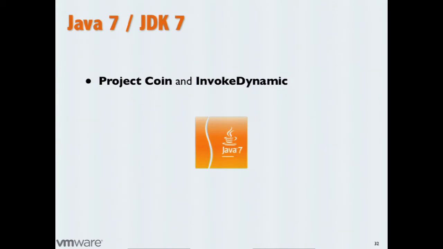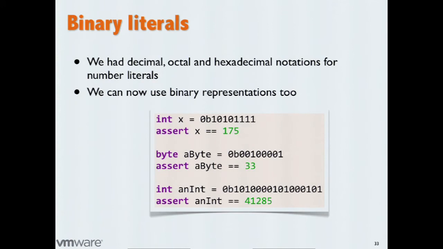I mentioned the Java 7 and JDK 7 theme. Since Groovy supports, let's say, 99% of Java syntax, we also thought that it was a good idea to provide the same new enhancements that were added in Java 7. For example, the binary literals for defining numbers, with 1, 0, 1, 1, 1, etc. So we support that notation.